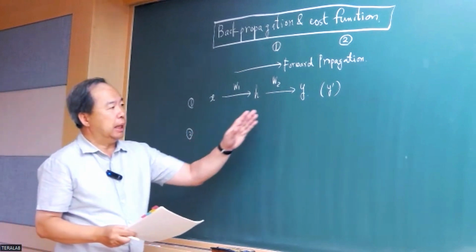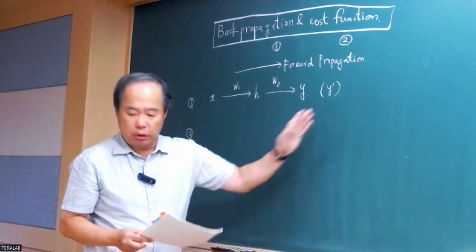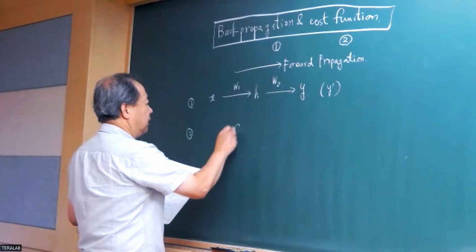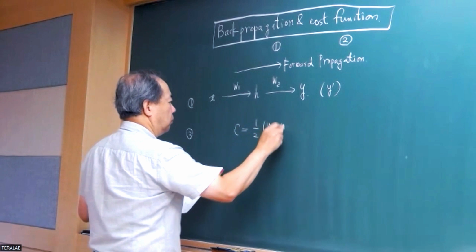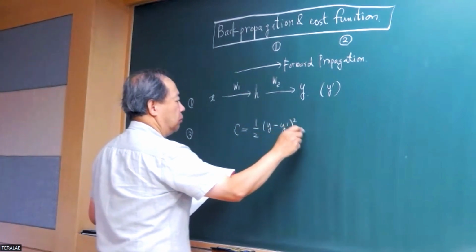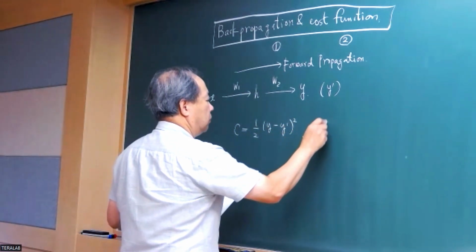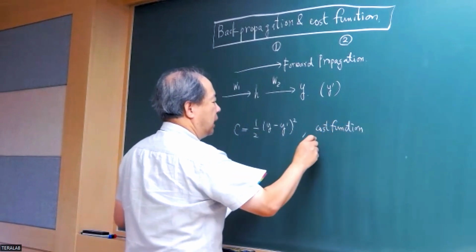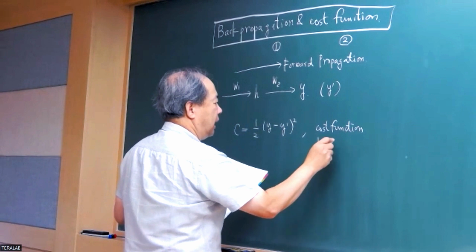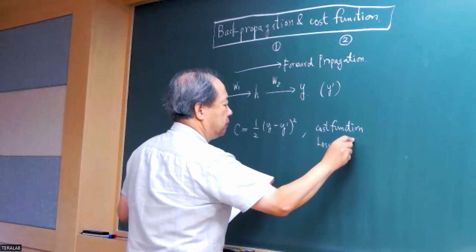Then at the end of the deep neural network, we have to define the cost function. Sometimes we say it as a loss function.